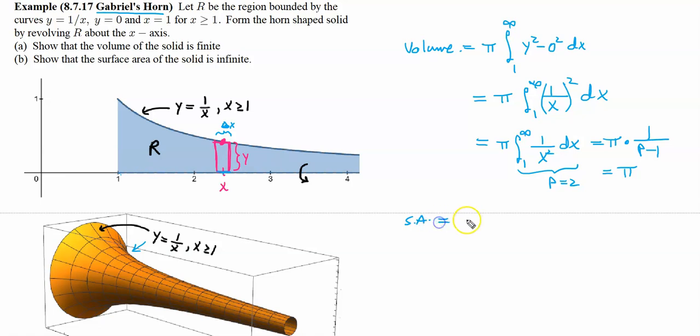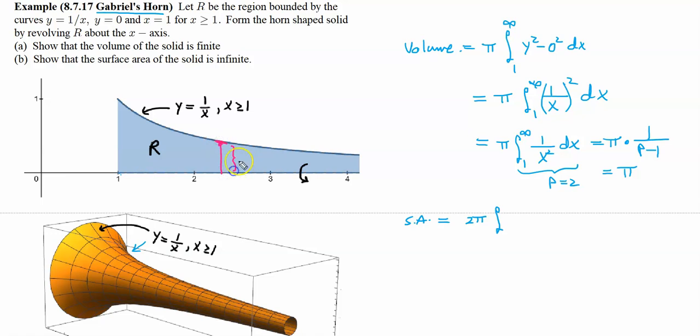Okay, so remember that formula. So we're going to have 2 pi integral. Now what we have to do is think of a little frustum right here, just a little frustum that is being formed right there.